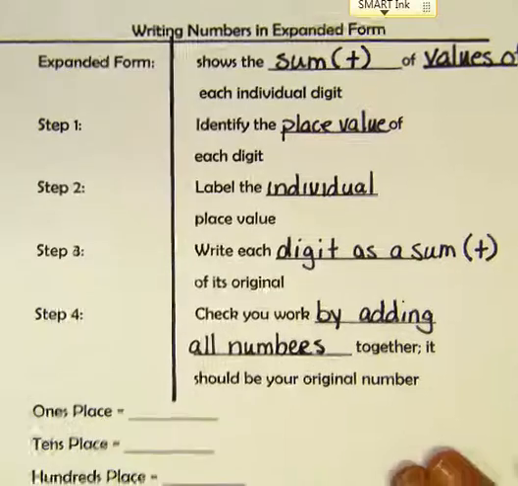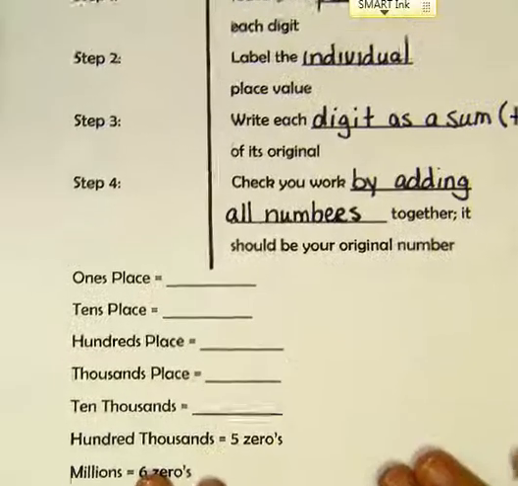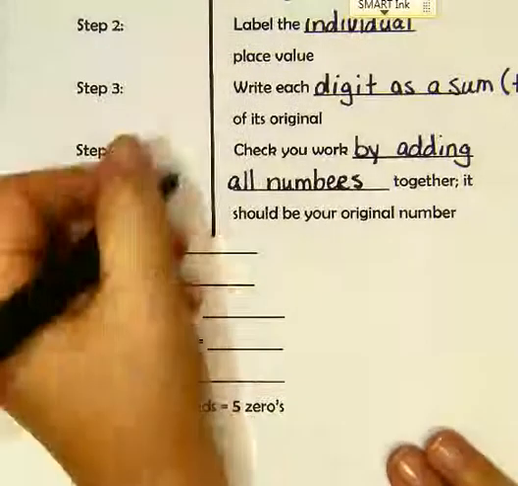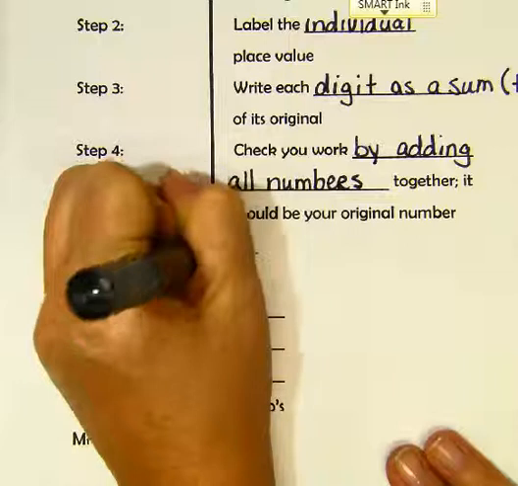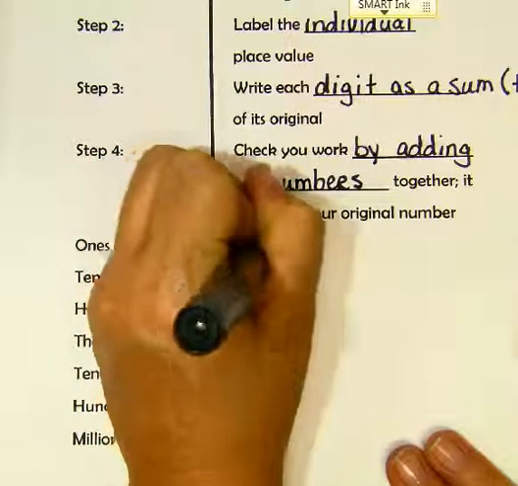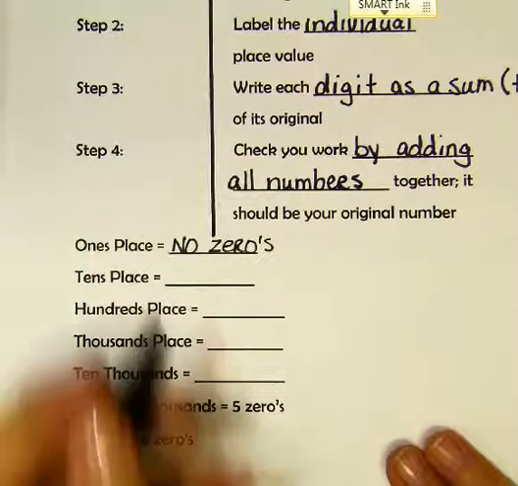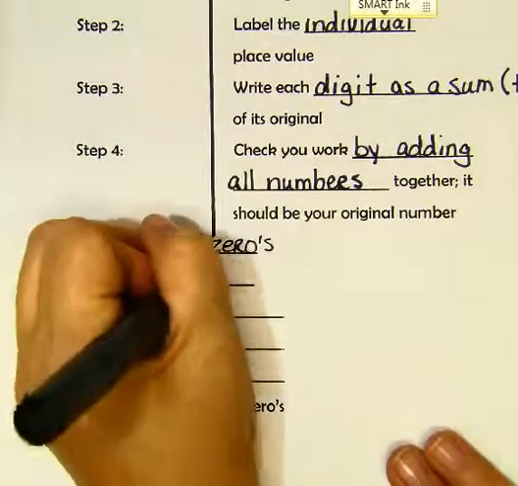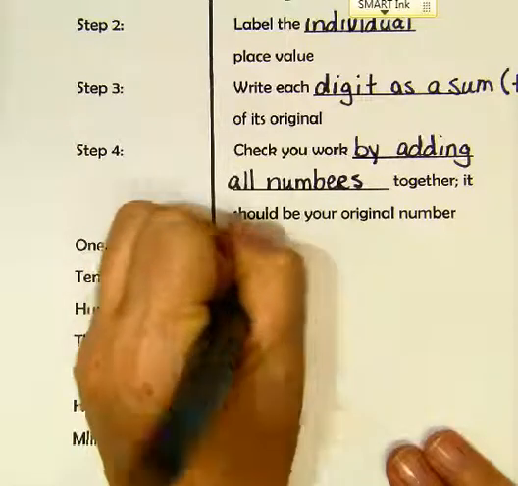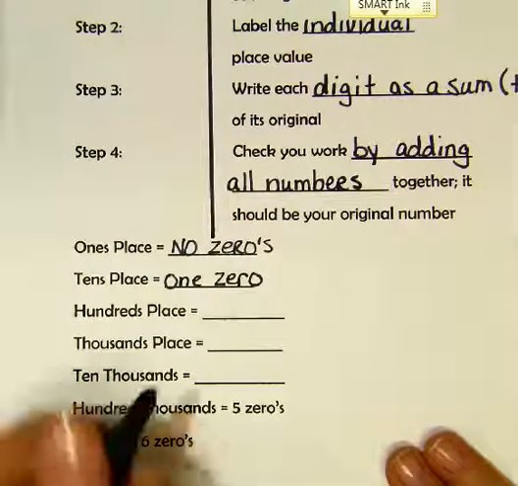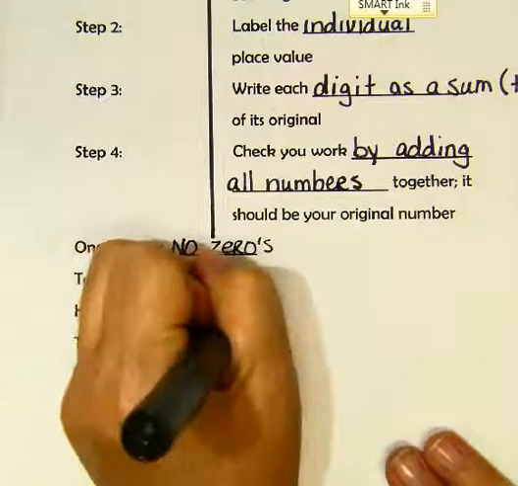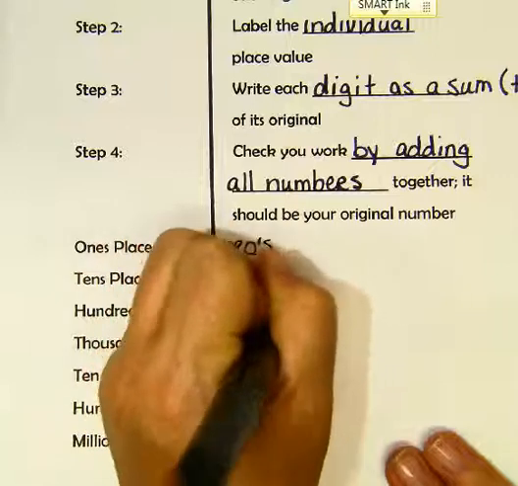All right, at the bottom, the ones place value gets no zeros. The tens place has 1 zero. The hundreds place has 2 zeros.